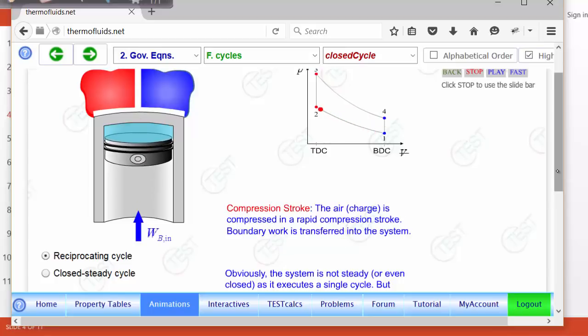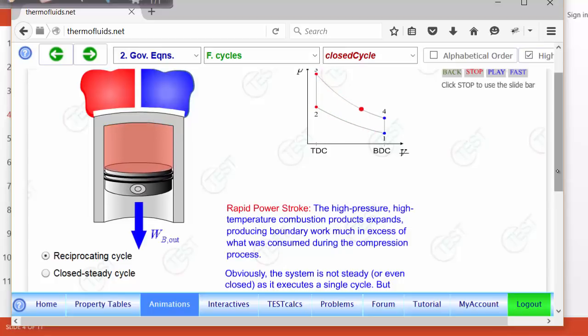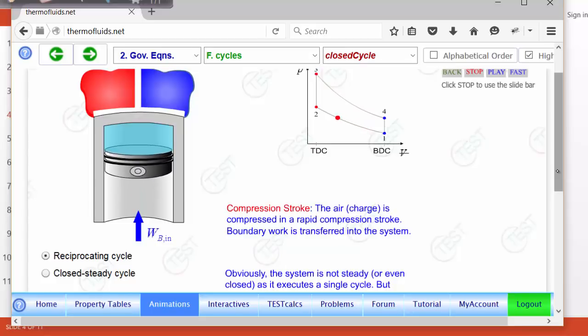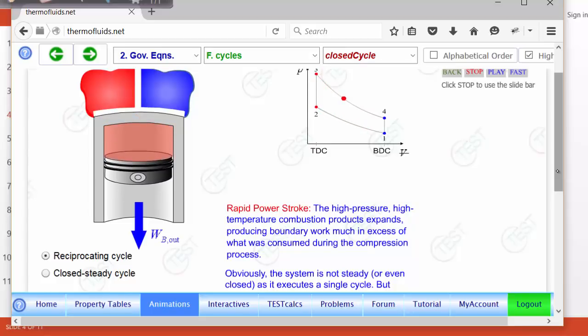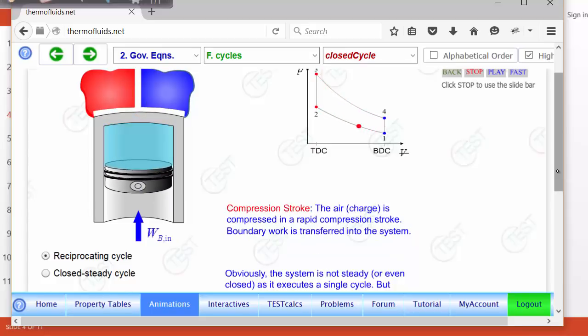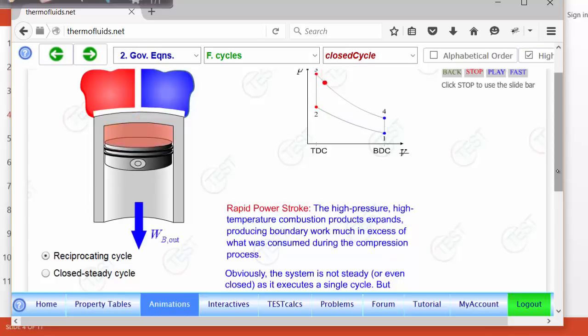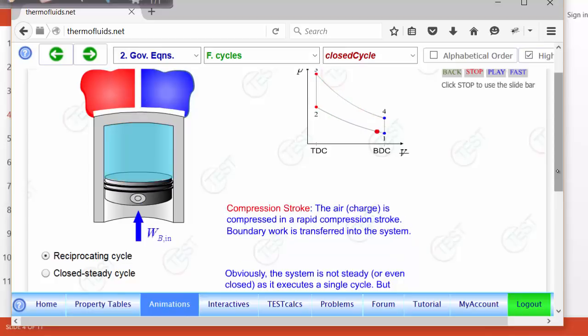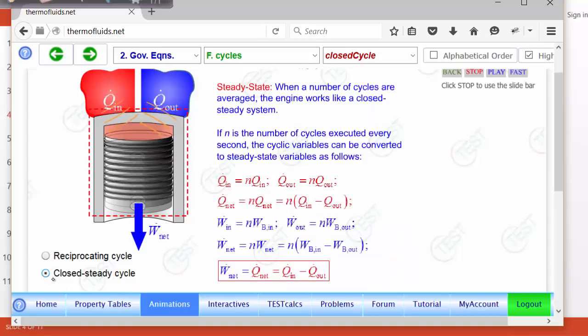In 1 minute, the crankshaft turns 3000 times. So if you take a picture and blur the picture for a second, for instance, then you will see so many cycles. On the average, you will see as if heat is coming in continuously, heat is being released continuously, and net work is produced continuously, so that the system behaves in a steady manner.